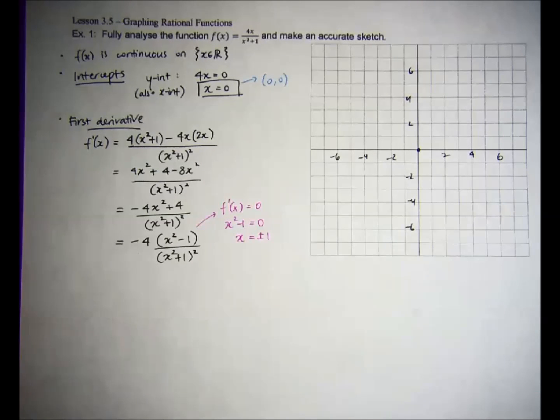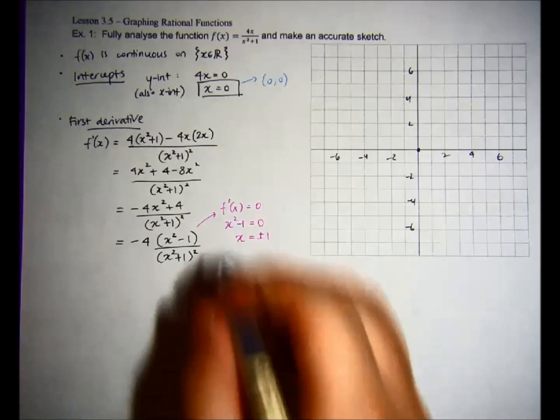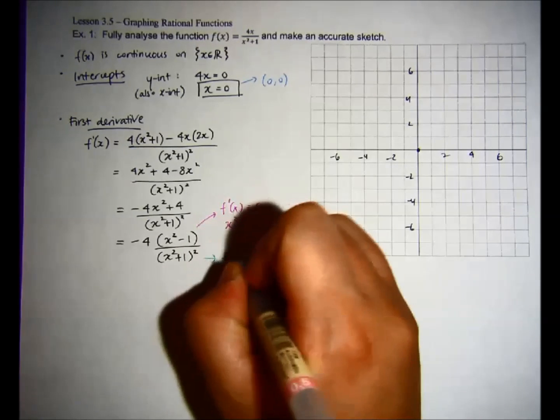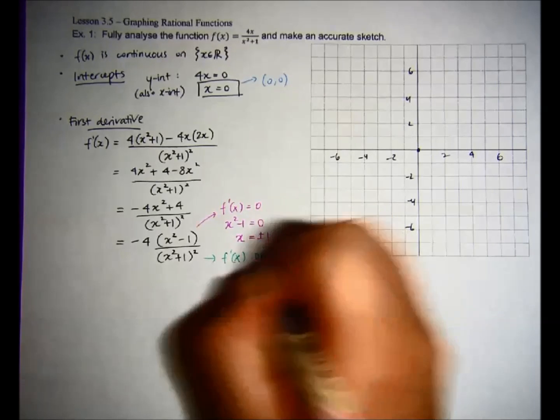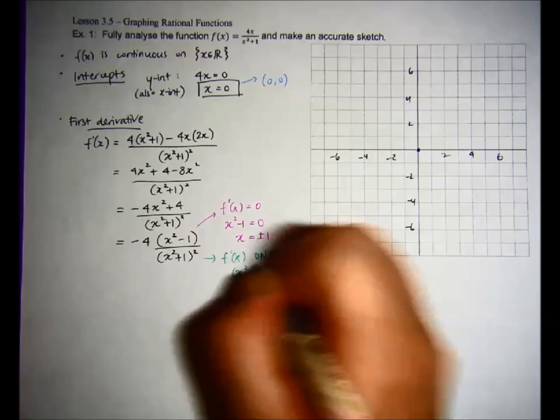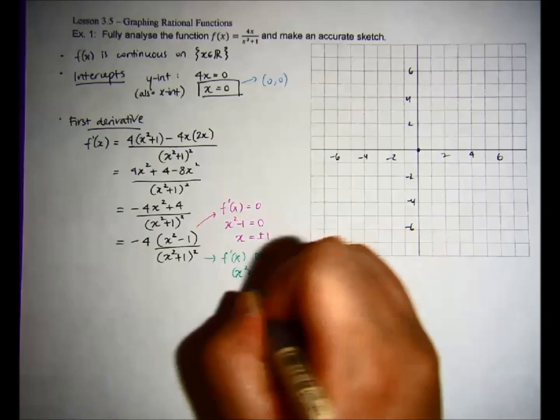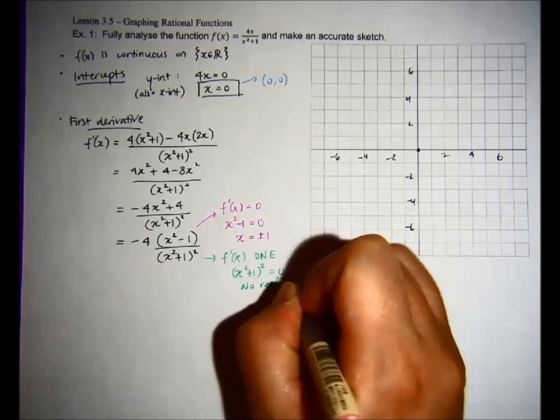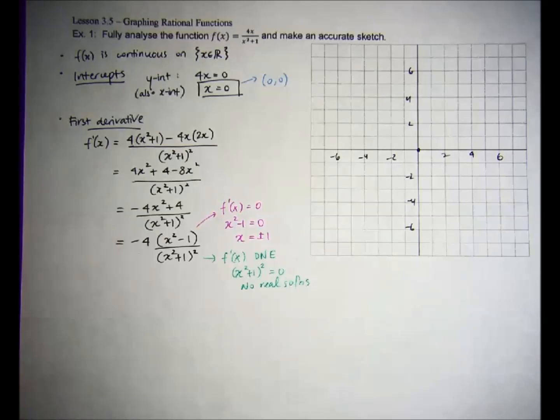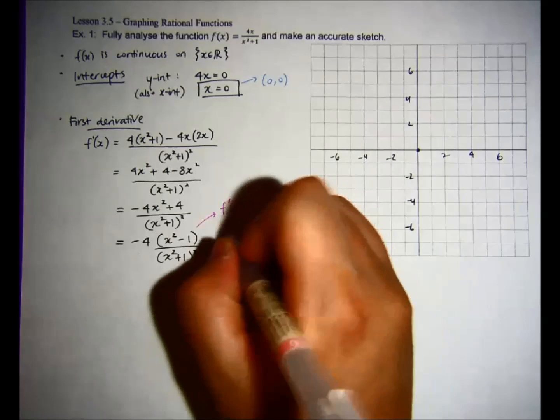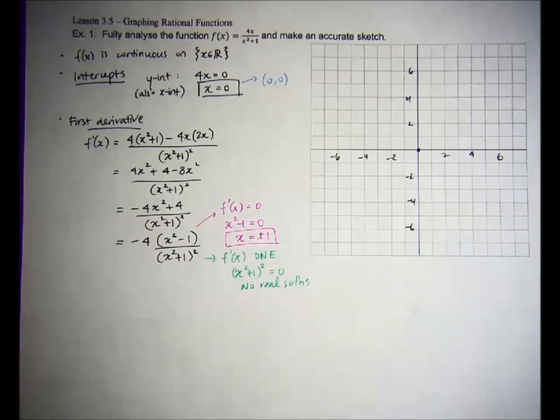And when we take a look at the denominator equaling 0, that's when f prime will not exist. But when we make x squared plus 1 squared equal 0, there aren't going to be any real answers anyway. So our only possible critical points are going to be at positive and negative 1.